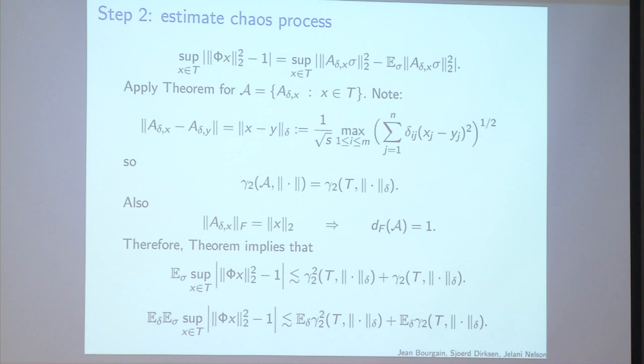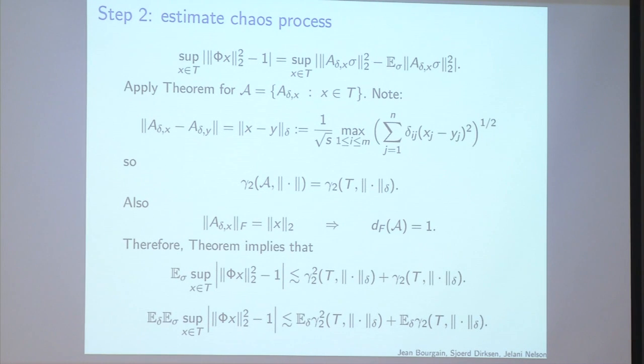Okay, so what in the end the proof of this theorem that I showed boils down to is actually computing this guy here. So this expected squared gamma 2 functional, then you also have an estimate for this guy. Okay, so this single parameter sort of controls how large this restricted isometry constant is going to be.